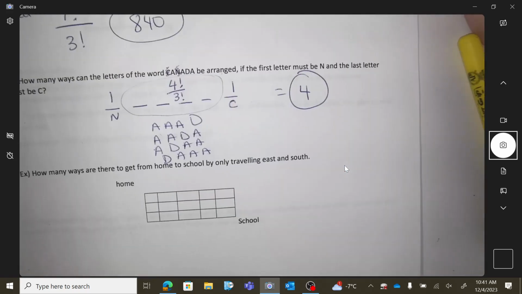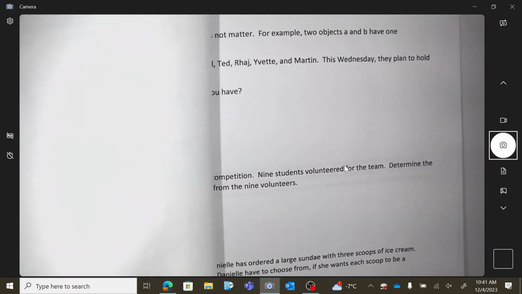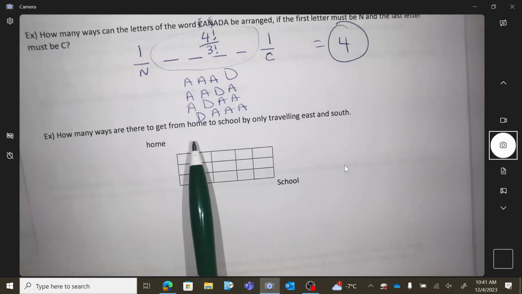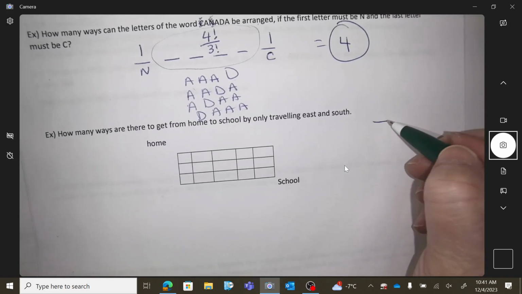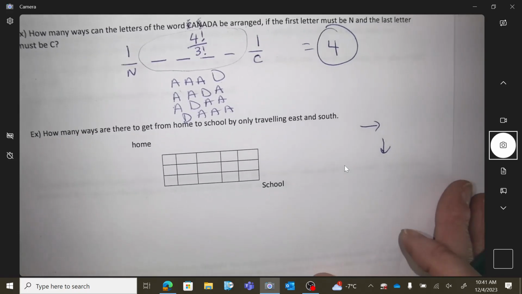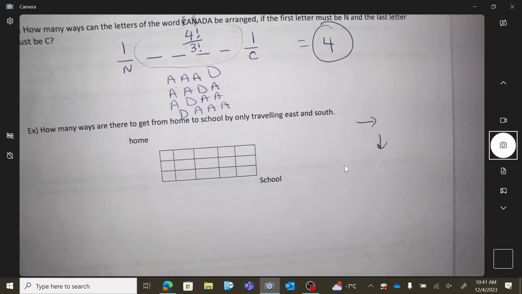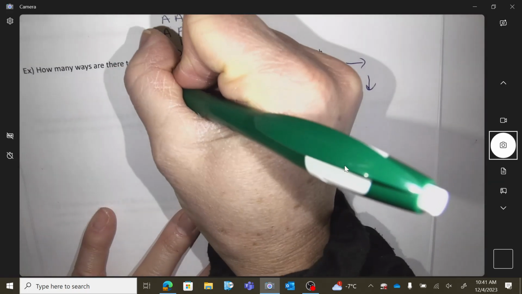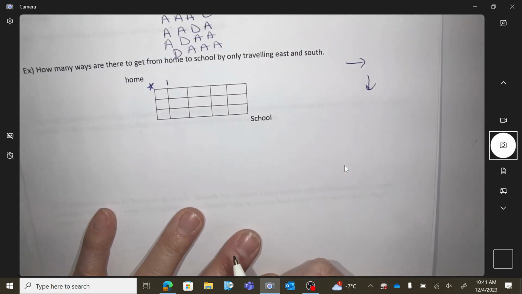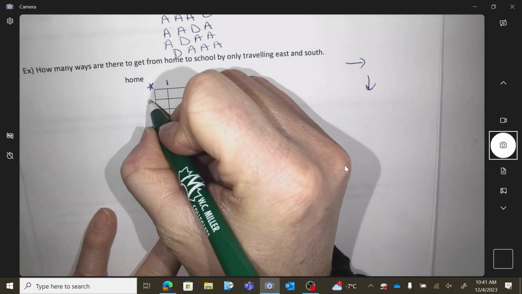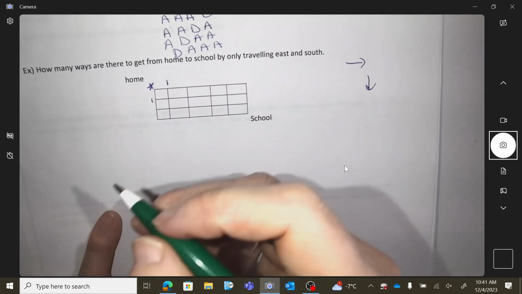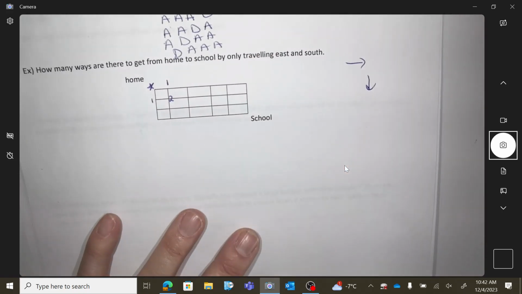Okay, so the last type of question, there's 2 of them, but it's the same type. How many ways can we go from home to school and we can only go east and south? So right and down. You can't move left or go back up. Okay, so if we start at the star, there'd be one way for me to move there, and one way to move down, which means there would be two ways to get to that intersection.